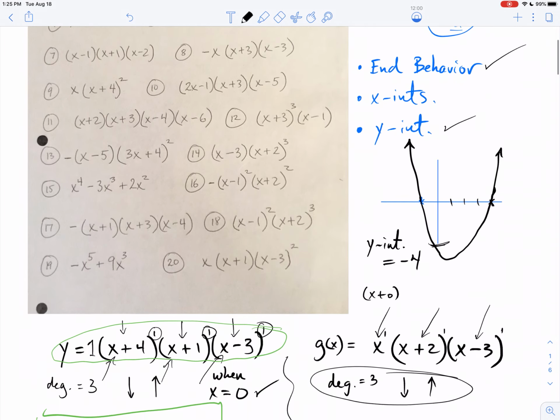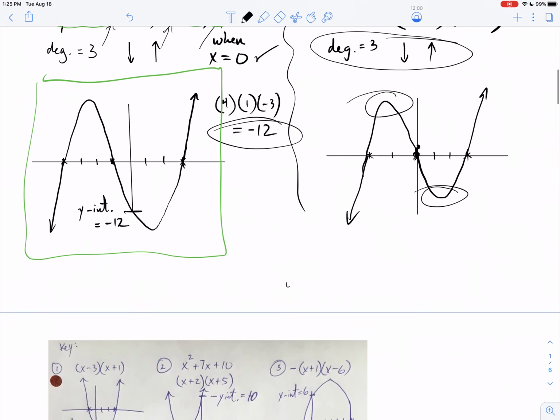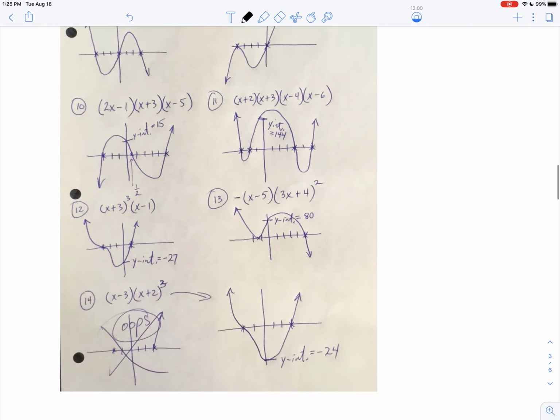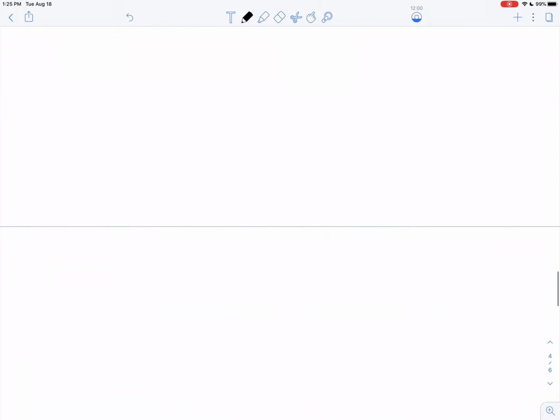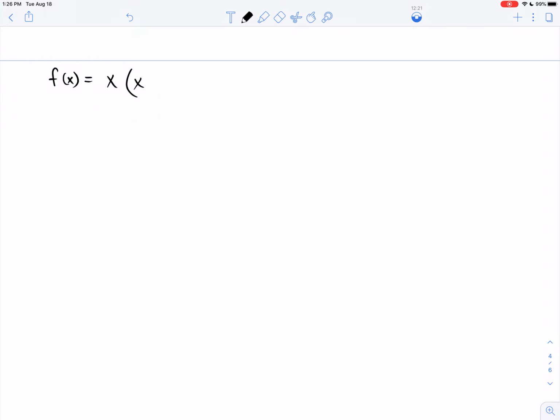So let's look at something that looks like this. I'm going to use function notation because that's our next unit coming up. So I'm going to say f of x equals, and then I'm going to give you one of each kind.